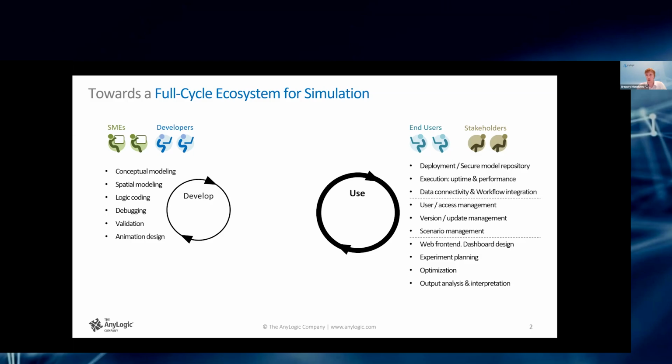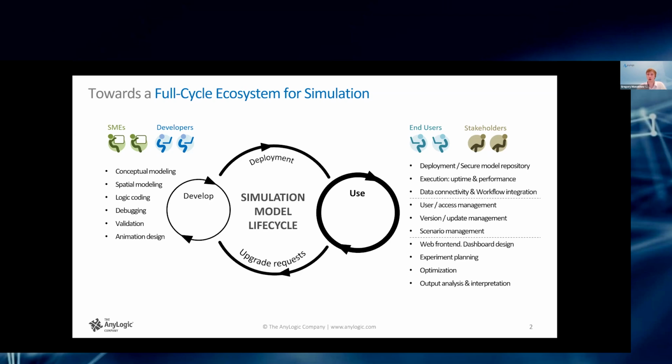Sometimes they need complicated workflows where the data is integrated with their third-party databases and business intelligence systems. Sometimes they need advanced scenario management. They may run parameter variation, optimization experiments, and so on. And these two cycles are connected with each other, and this is what we call the entire simulation model lifecycle.